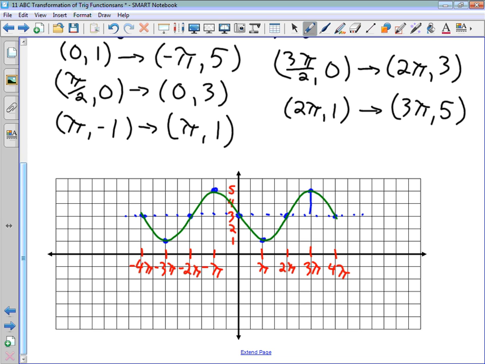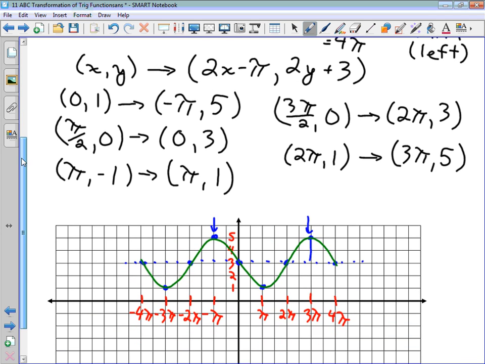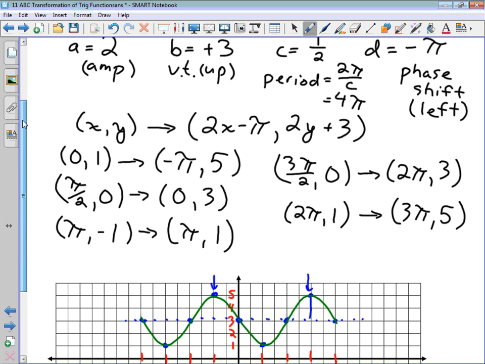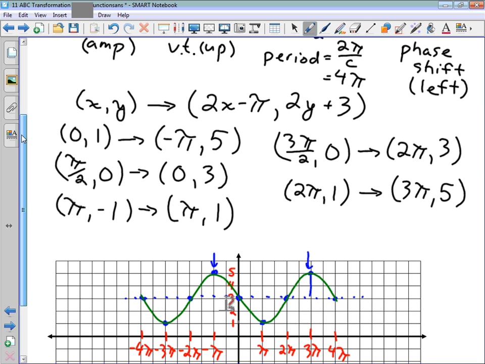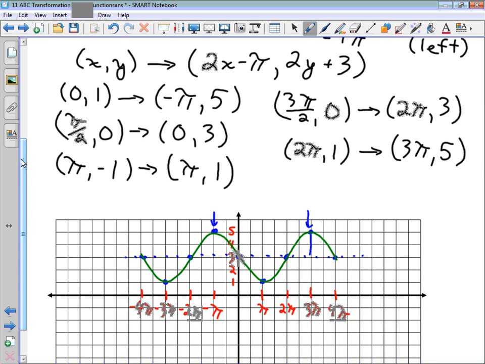We've got a period going from here to here, so that's negative pi to 3 pi, a period of 4 pi, just like we expect. And our phase shift has been shifted to the left by pi, because this is our starting point right here, which is at negative pi. Okay, so looks like we've done this correctly.